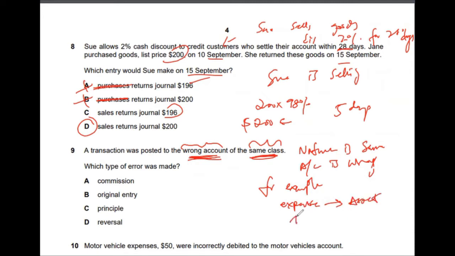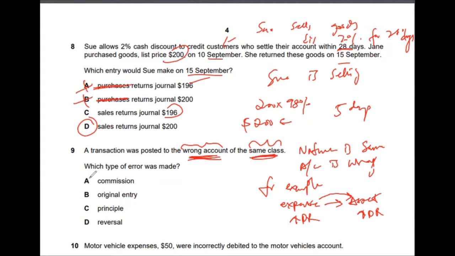The nature of this is the same. If there's an increase in expense, you debit. If there's an increase in asset, there is a debit, right? But by mistake, you entered the expense amount into an asset account. So that is the error. You just went into a wrong account of the same class.